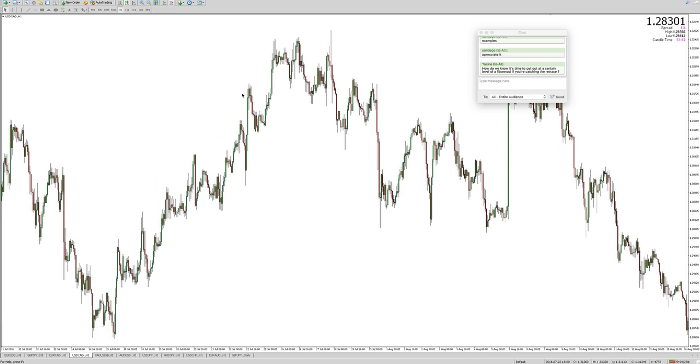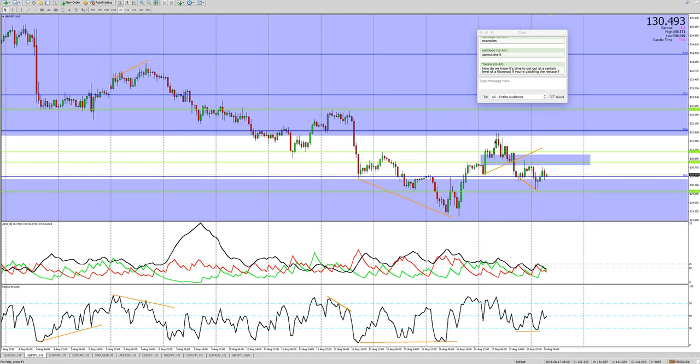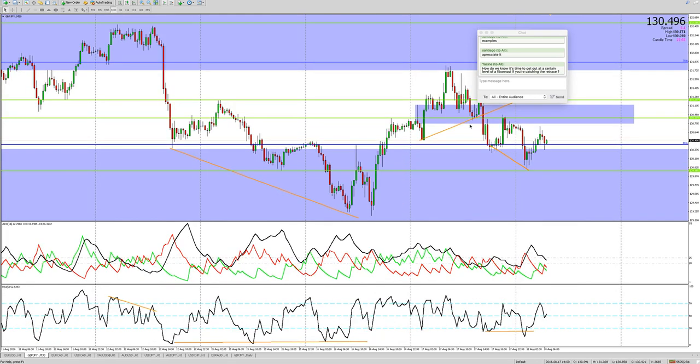If price is rejecting a certain Fibonacci, that is when you need to get out. Example, if price is reversing off of 78.6, then you know you need to get out. So what you would do is go to the M30 time frame. Here's a perfect example. Engulfing, head and shoulders.